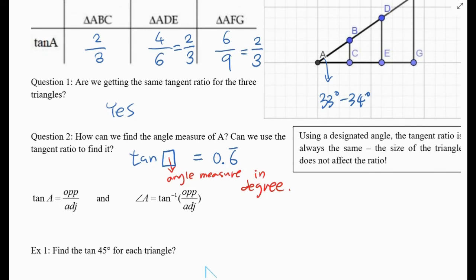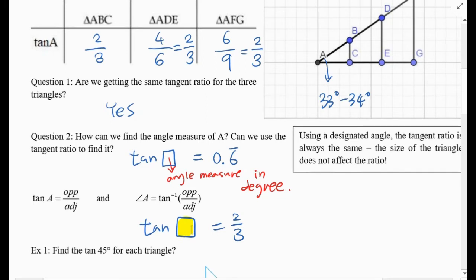In this case, we use inverse tangent. So look at this. We know tangent of something is 0.6 repeating, which is 2/3. To find this, we use the inverse tangent button.